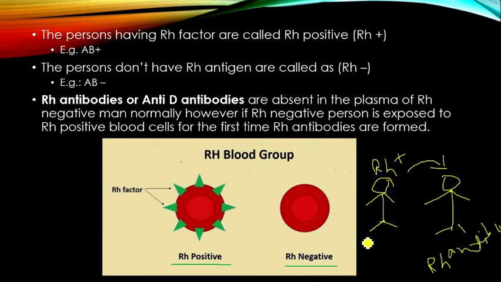Why? Because Rh antigen is absent on the RBC of Rh negative blood group people.